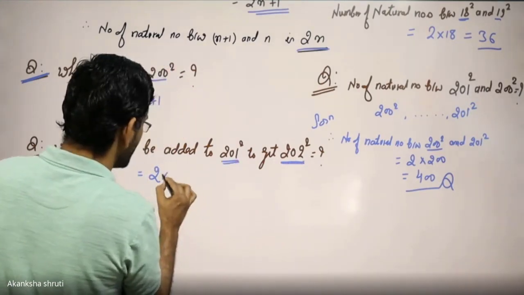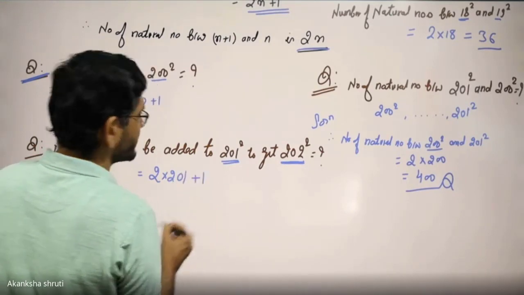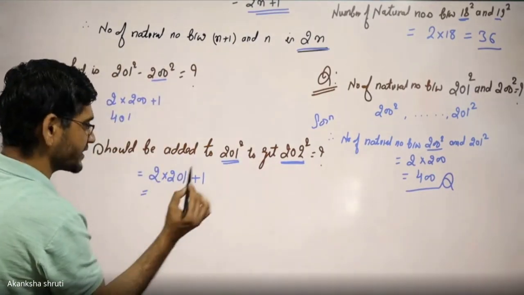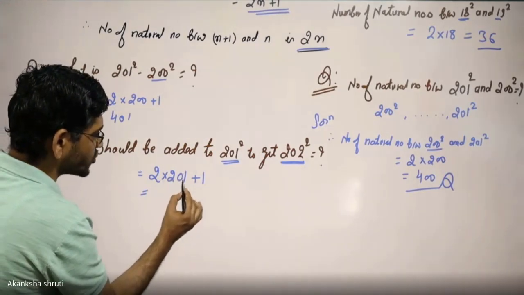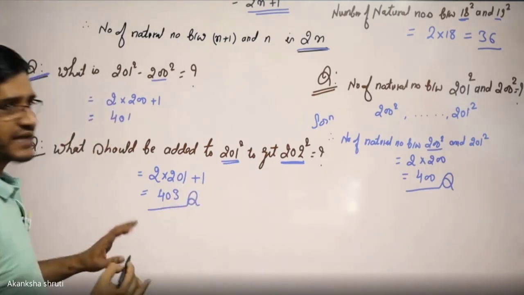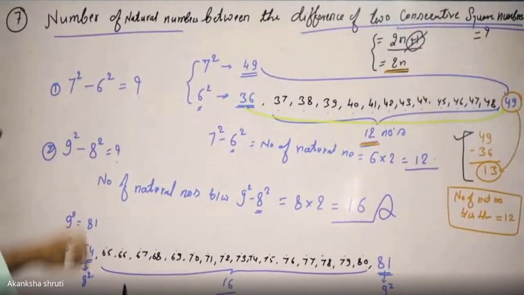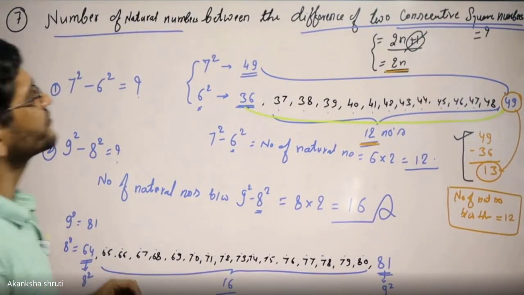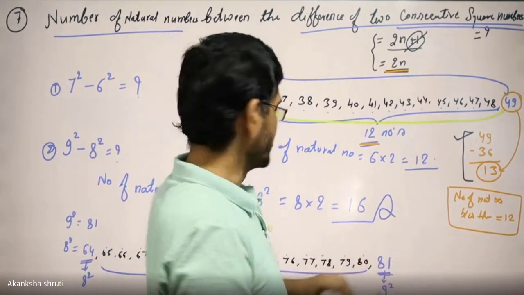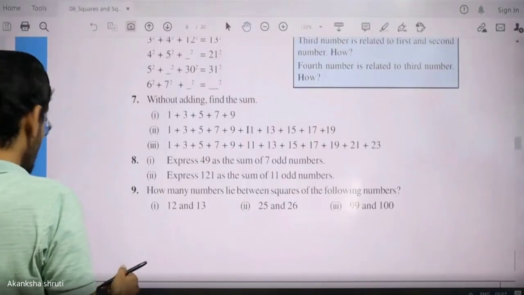The other is the smaller number, 201. So we need to take 201 and plus 1 we have to take. This is the difference between 2n and 2n plus 1. Do not forget, very important. 2 times 201 is 402 plus 1, it is 403. Okay, students? So questions are very simple. We are able to do all kinds of questions. So this was property number 7, which is the difference of two consecutive square numbers.